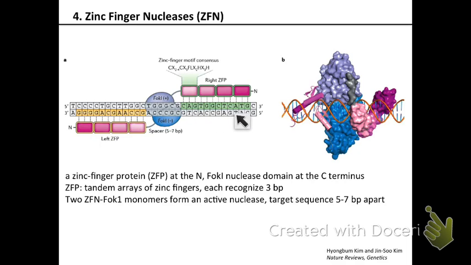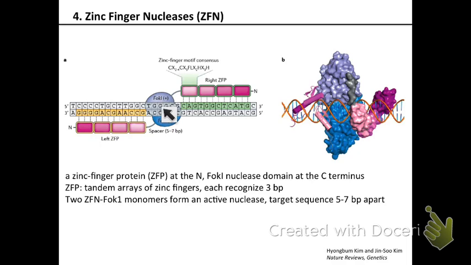Okay, so what you do is you engineer zinc fingers that are going to bind to these sequences on the left and the right side of your target region, and you space these things a certain distance apart. So they're going to be about 5 to 7 base pairs apart, and that spacing is going to bring these two FokI proteins together so they can homodimerize, and they can now cut the DNA at this site.